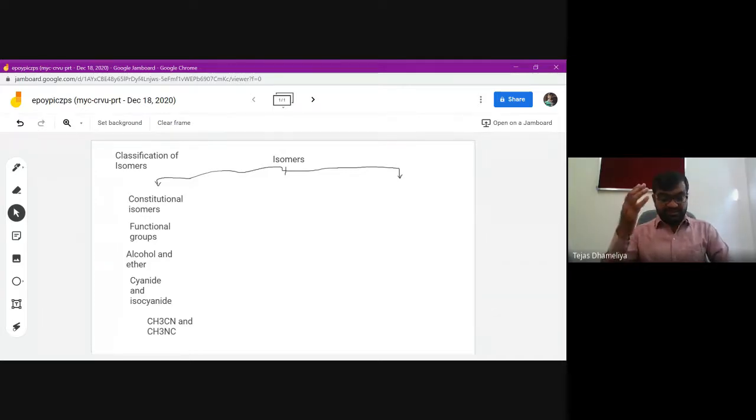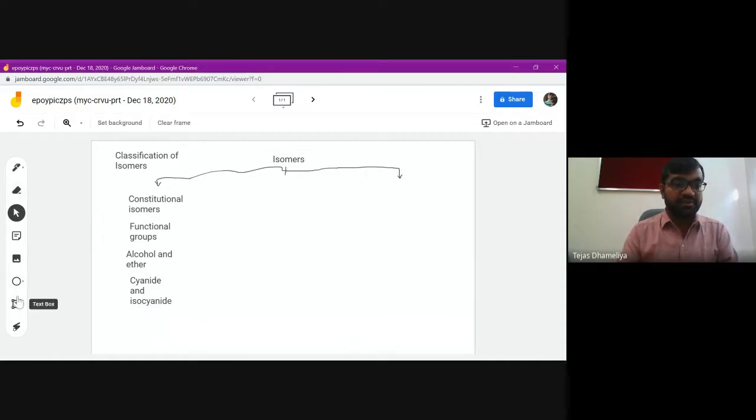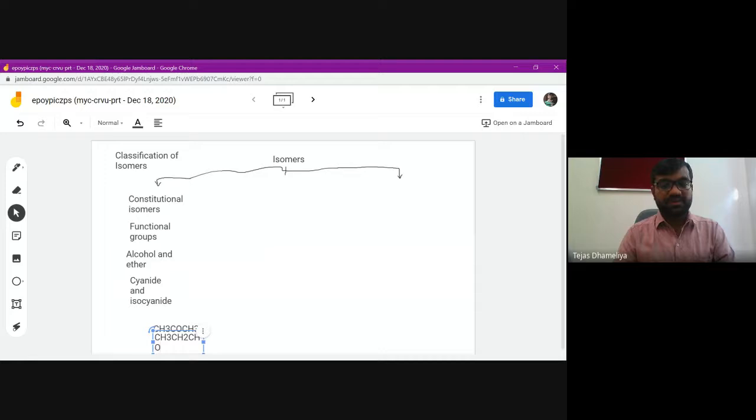We can have other examples also. For example, I draw the molecular formula CH3COCH3. This is nothing but our acetone. This acetone may have a similar molecular formula, CH3CH2CHO. What is it?